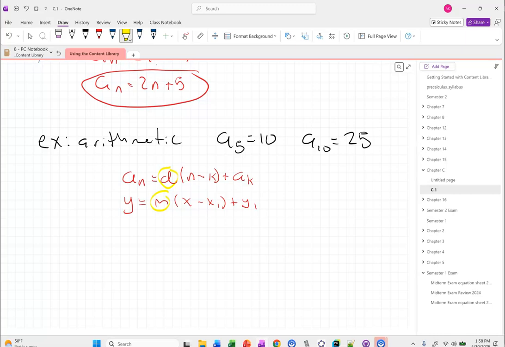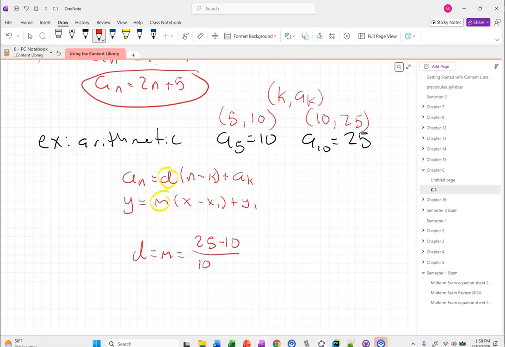Where the slope is the same thing as d. So these two terms I can think of as points, right? Where this is like k comma a sub k. So if d is the same as slope, I can just do y2 minus y1 over x2 minus x1.